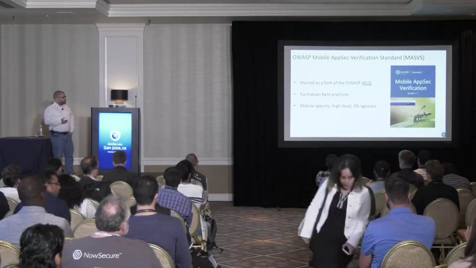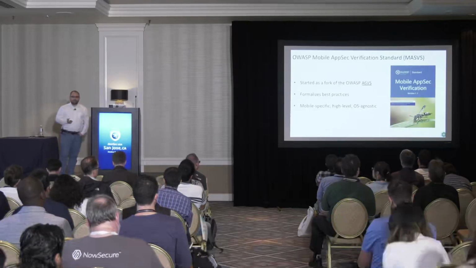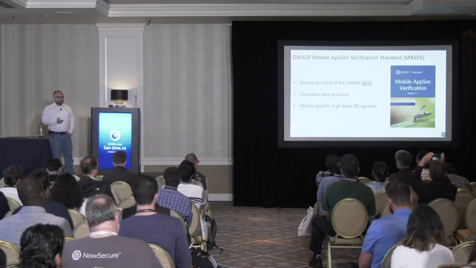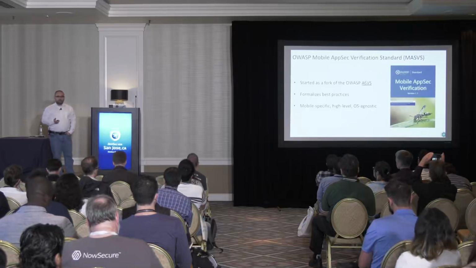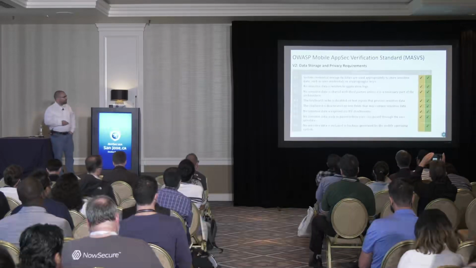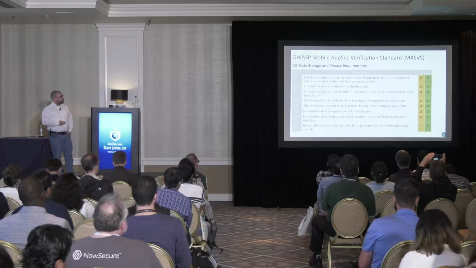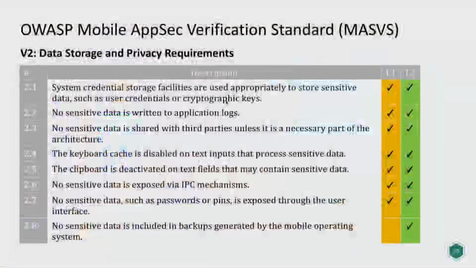Everything that we summarized here is mobile-specific, on a high level and OS agnostic, meaning it's applicable to iOS and Android, and is also applicable in the future if any other operating system comes. This is an example, a subset of the requirements that we have for the MASVS, specifically for data storage.